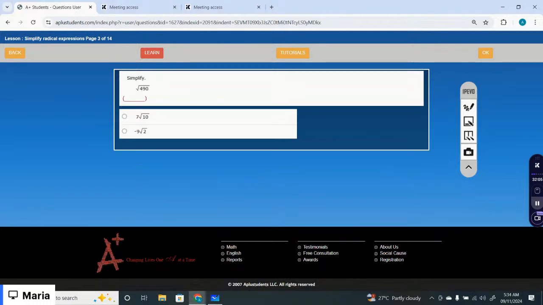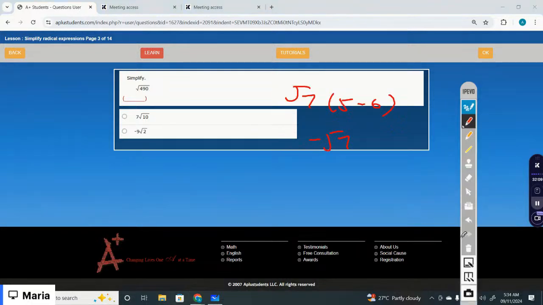Simplify square root 490. So you have to write down the prime factors. So you can write them like this. You have 7 times 7 is 49, times 10, right? So 7 squared times 10, that is 7 square root 10. The correct option is option number 1, that is 7 square root 10.